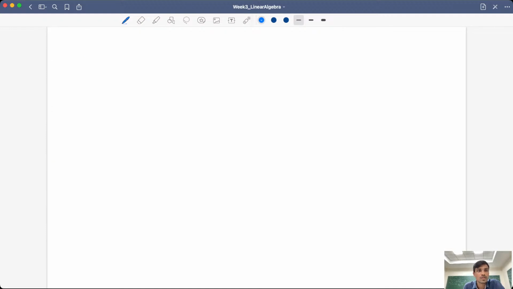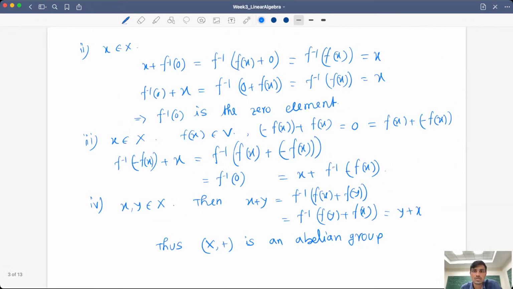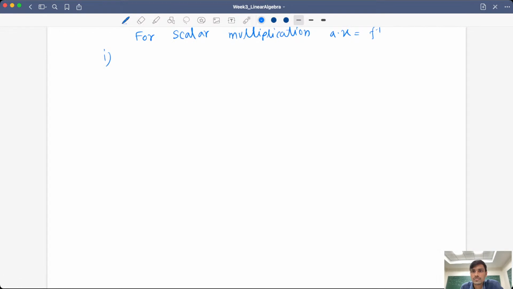So first one for scalar multiplication, a dot x equal to, this is by definition f inverse of a fx, right? So f inverse of a fx, a belongs to K and x belongs to X, sorry.